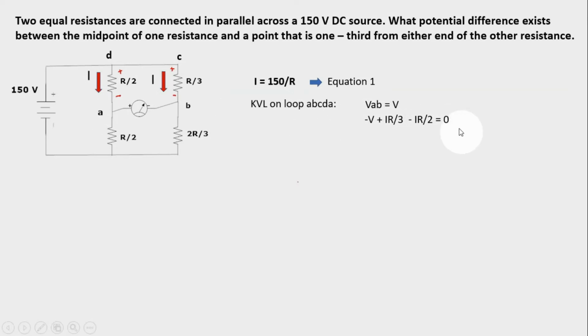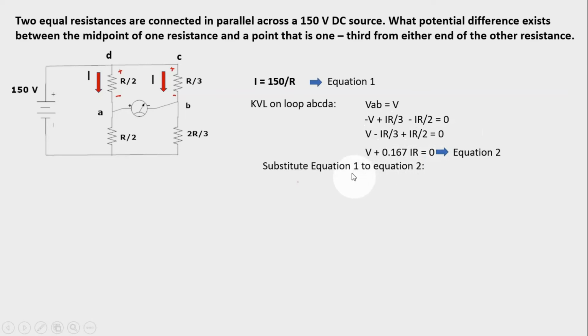And that can also be rewritten as this one. Negative V will be positive, this will become negative, this will be positive. This is the same as this equation. And for further simplification, you just have this equation 2 as V plus 0.167 IR equals 0.